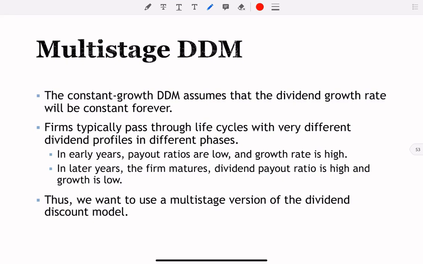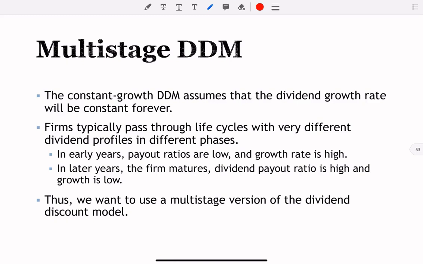If you think about a firm's life cycle, that is, how a firm grows from a young firm to a very mature firm, you can imagine that when this firm was young, its dividend payout would be low and its growth rate would be quite high.